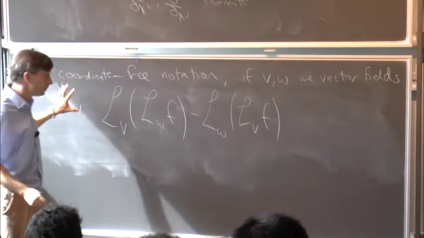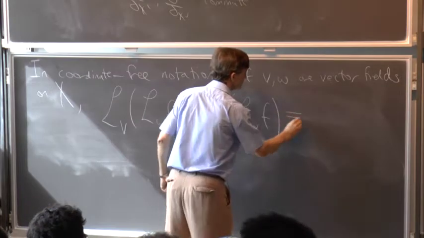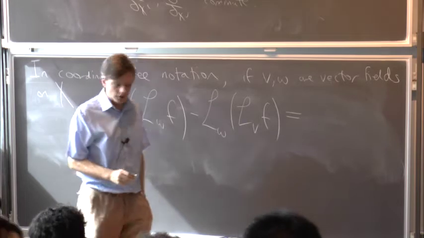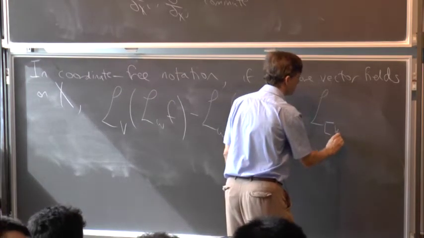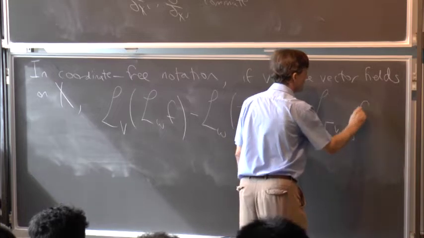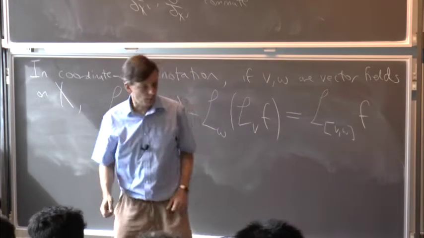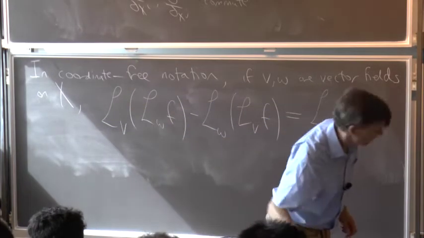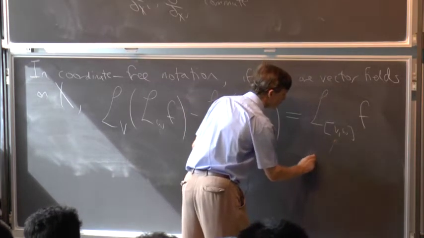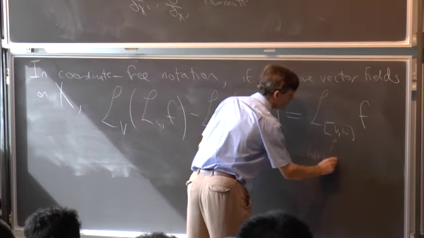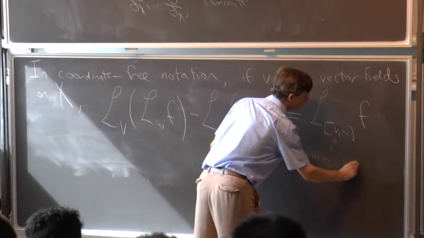Well, so you might think that would be 0, but actually it's not. There's an extra term. It's the derivative in direction [v, w] of f, where this here is the Lie bracket of v and w.